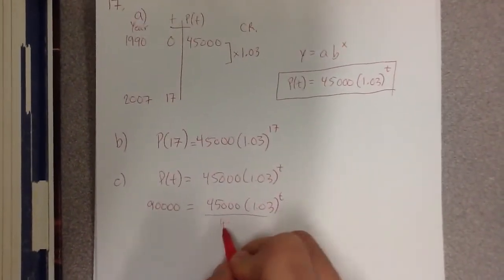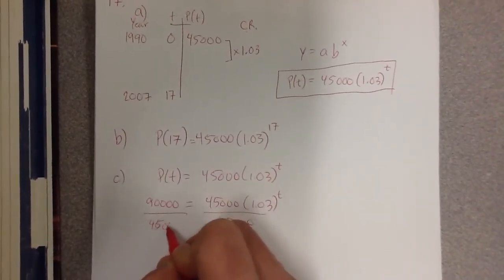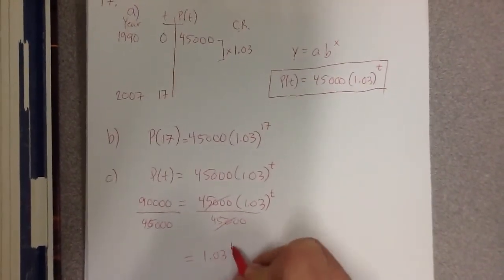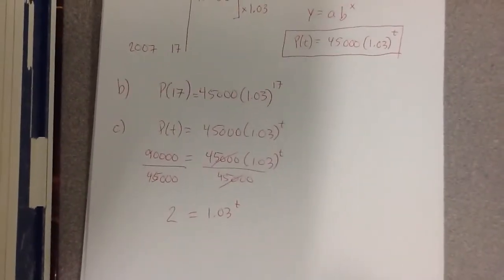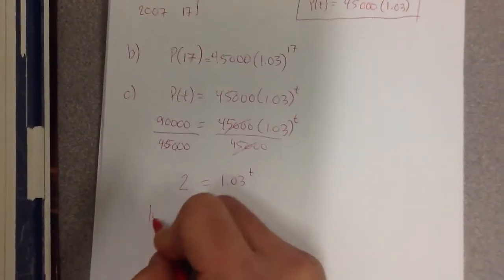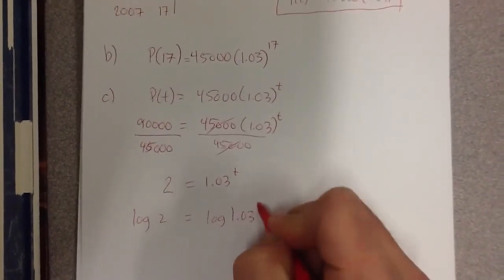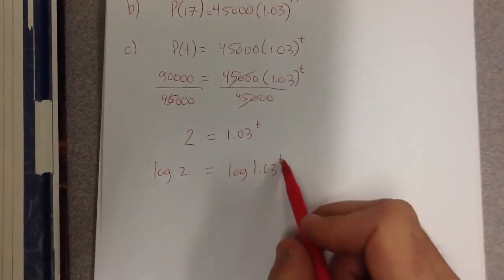I'm going to divide both sides by 45,000. And that will leave me with 1.03 to the power of t is equal to 2. How do I solve this? I use logs. I'm going to do log of 2 is equal to log of 1.03 to the power of t. Remember, you're using logs because you're trying to solve for the exponent.